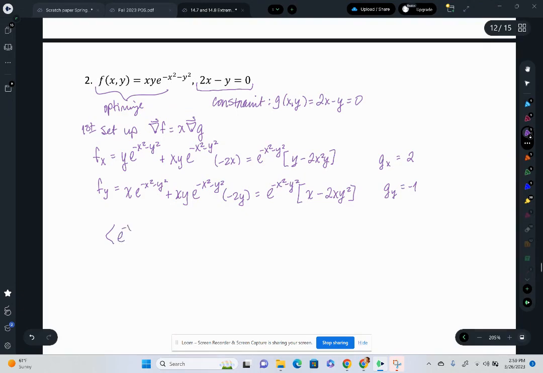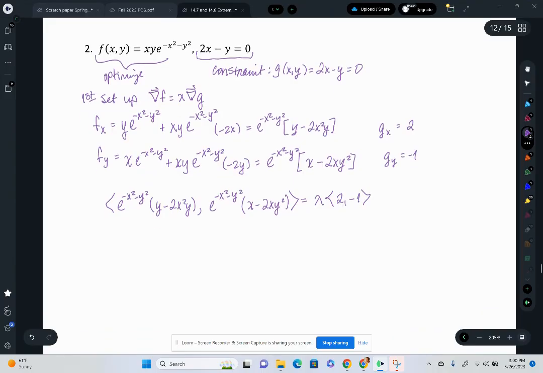We have an e to the minus x squared minus y squared times y minus 2x squared y, and then we have an e to the minus x squared minus y squared times x minus 2xy squared. All of that is equal to lambda times the vector with components 2, negative 1.